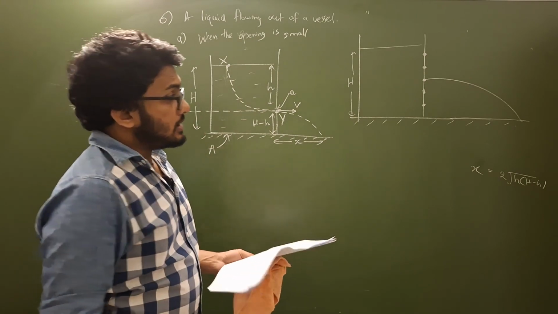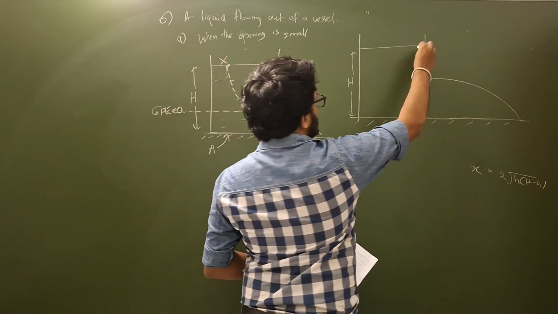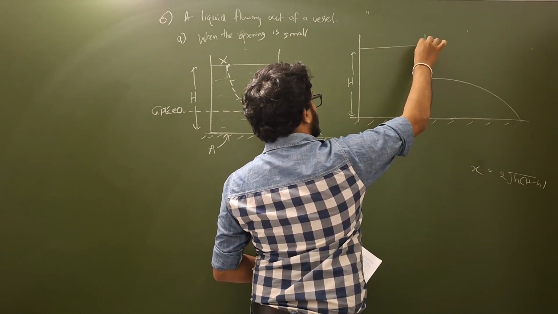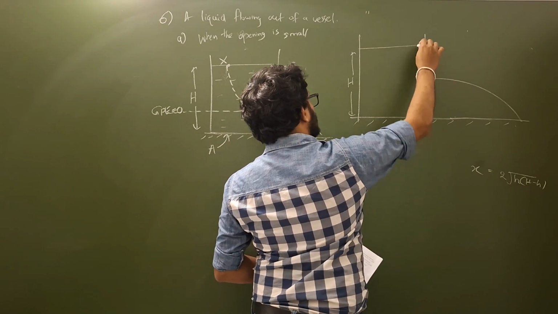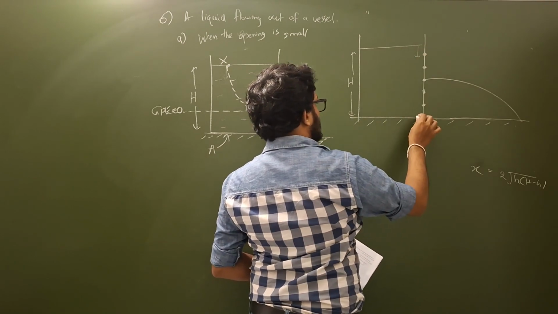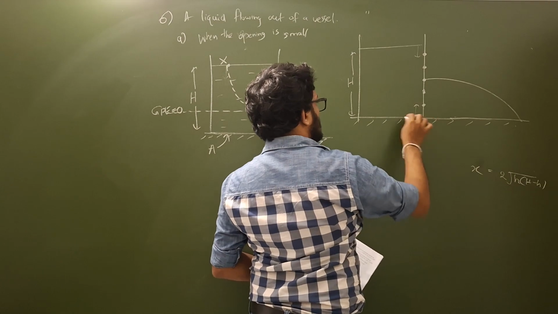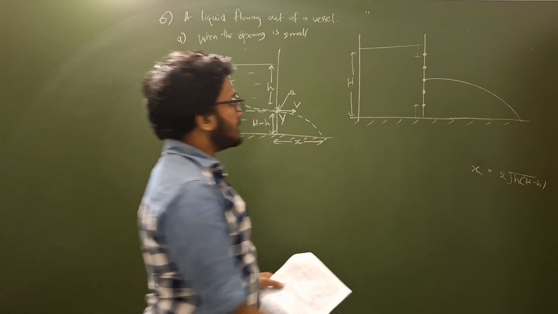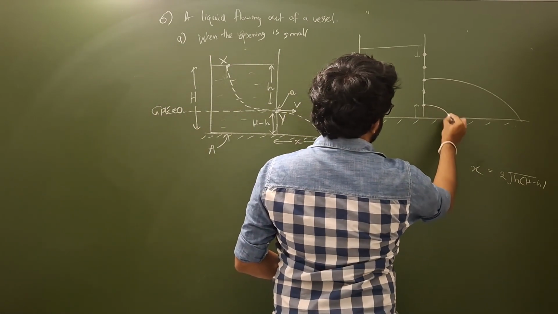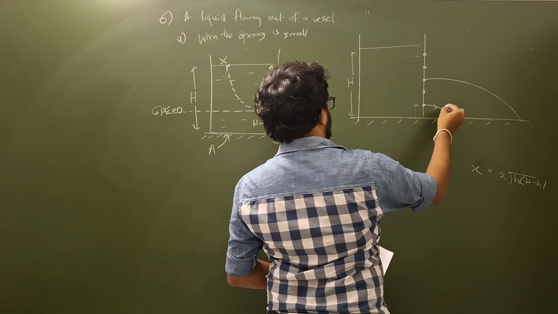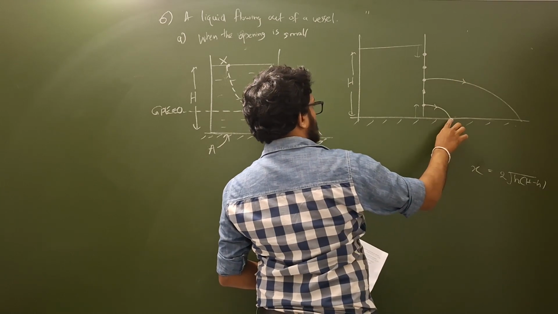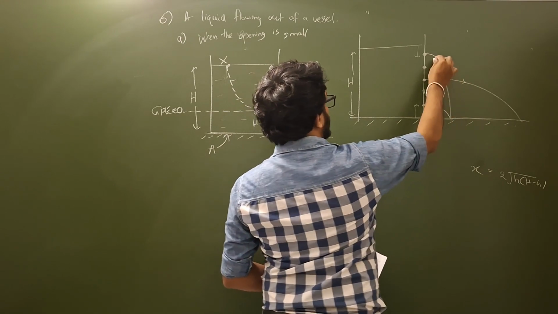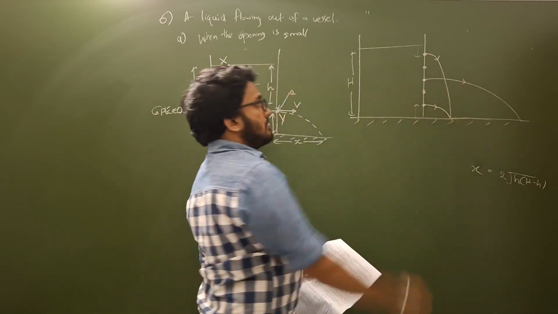So what it means is the range from some distance below the top and from the same distance above the bottom are equal. That means if this horizontal range comes to this place, the horizontal range of this also comes to the same place.